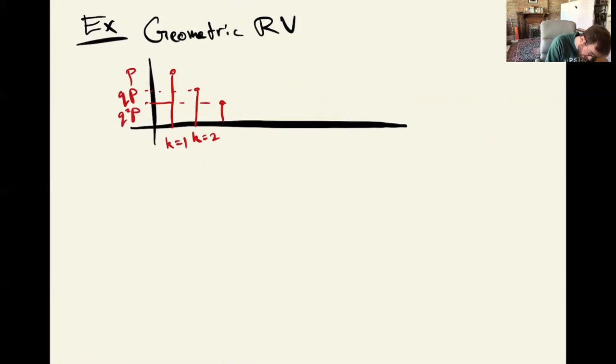And if I just keep continuing this, you'll see I've got this long set of possible values, and you might just guess what the mean and the median and the mode are for the geometric random variable. So what's the mean?